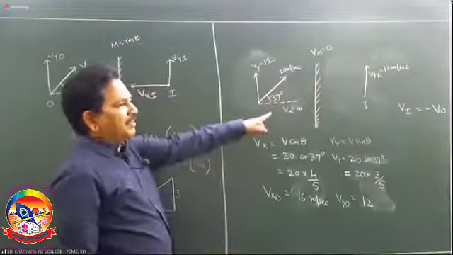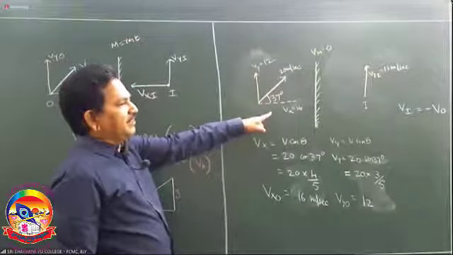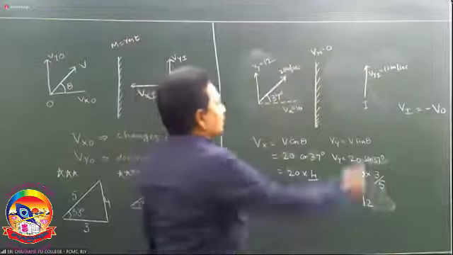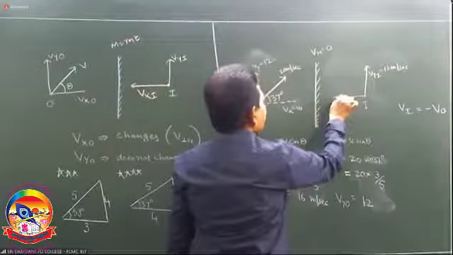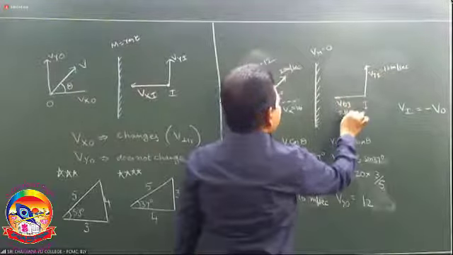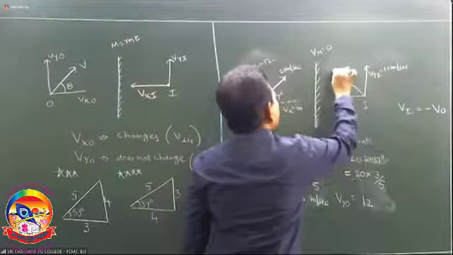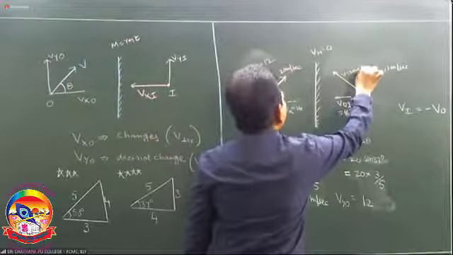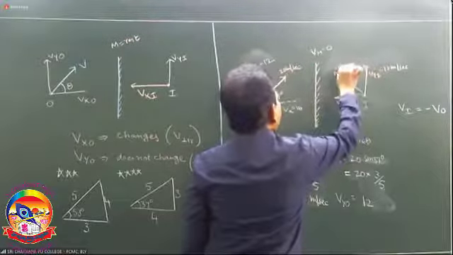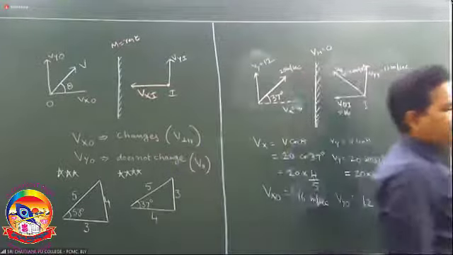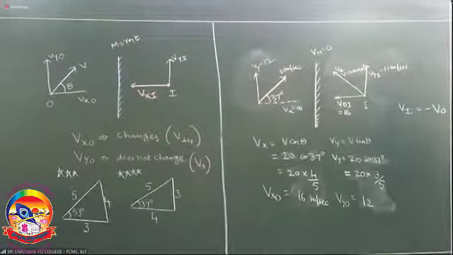But this component reverses its direction because the mirror is at rest, so it is 16. What is the resultant? The resultant is 20 in this direction. Velocity of image will be in this direction, with magnitude 20 meters per second.